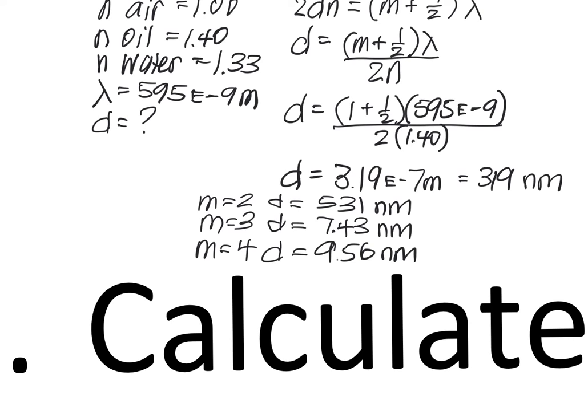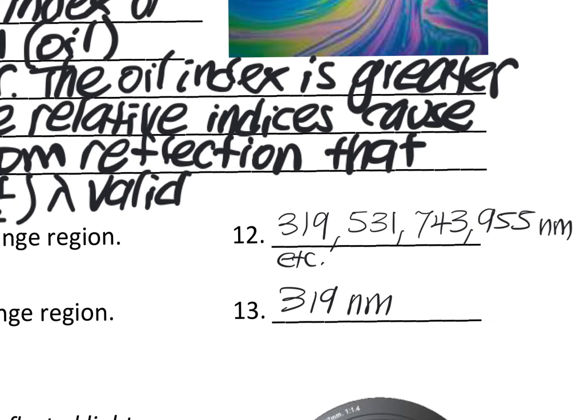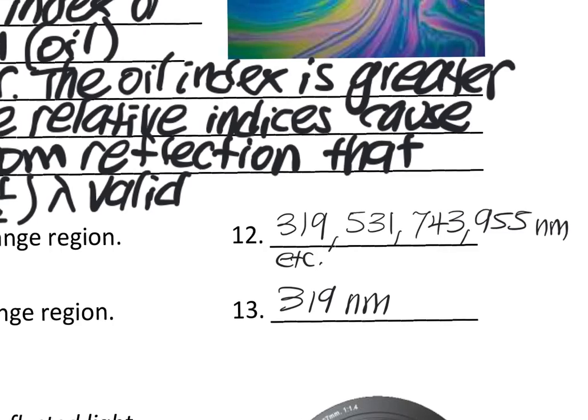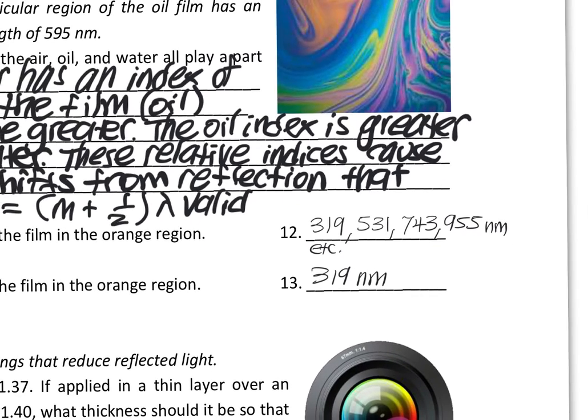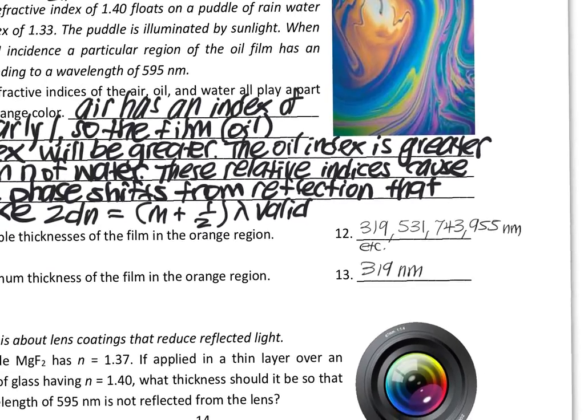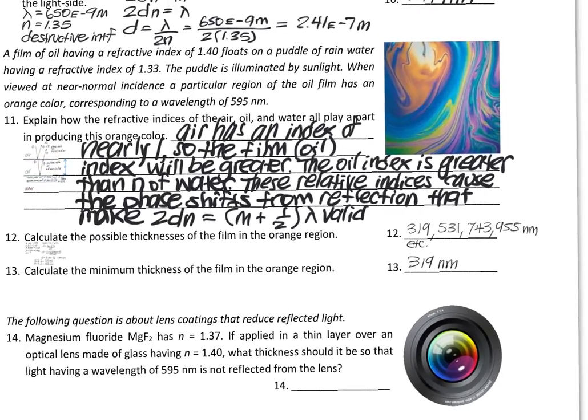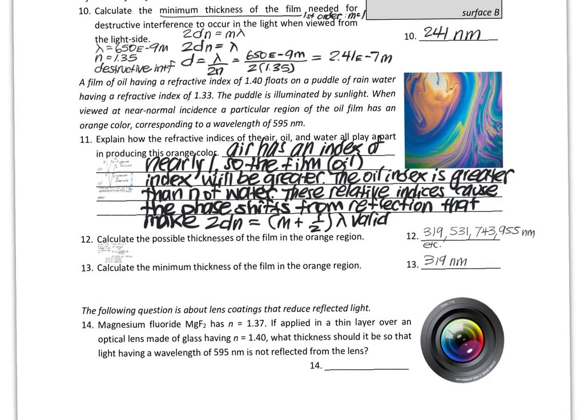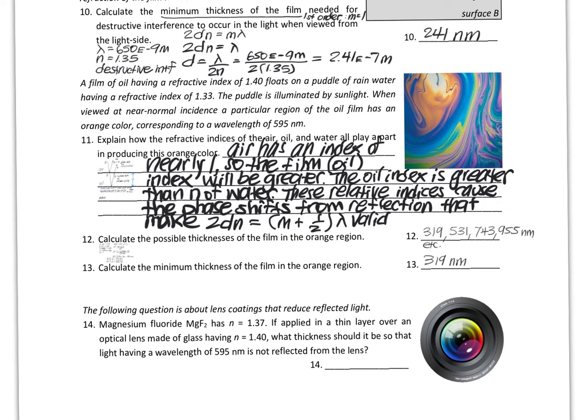These look like decimal points. Hold on. There. So there we go. 319 is the minimum, and then going up by seemingly 212: 531, 743, 955, etc. So that is the answer to 12 and 13.